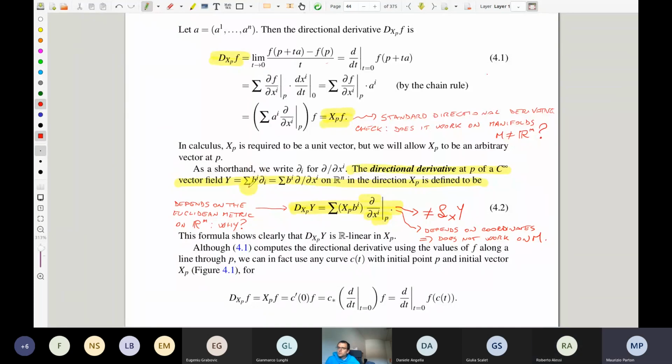I'm just taking the partial derivatives of these components. And in taking these partial derivatives, I'm implicitly assuming that these tangent spaces are all the same in Rn. I can identify them.